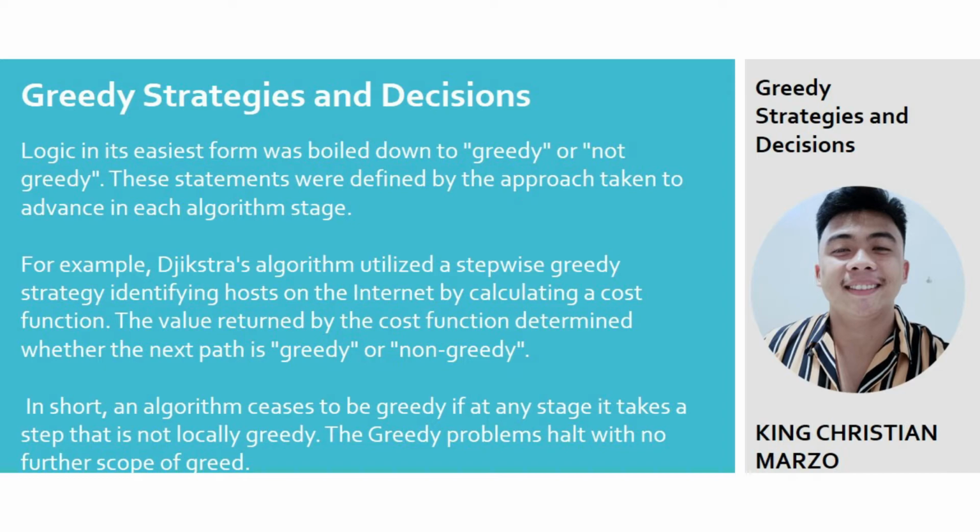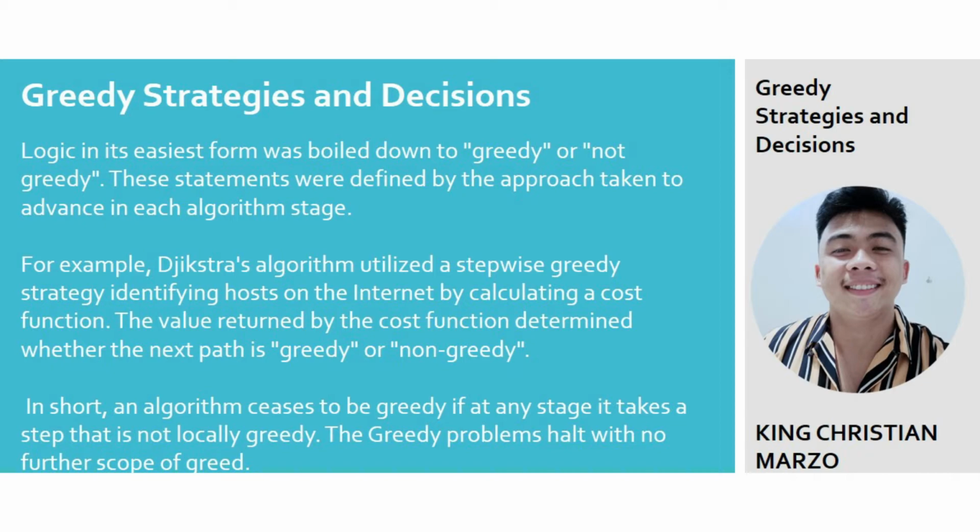Greedy strategies and decision logic, in its basic form, were boiled down to greedy or not greedy. These statements were defined by the approach taken to advance in each algorithm stage. For example, Dijkstra's algorithm utilized a stepwise greedy strategy, identifying hosts on the internet by calculating a cost function.